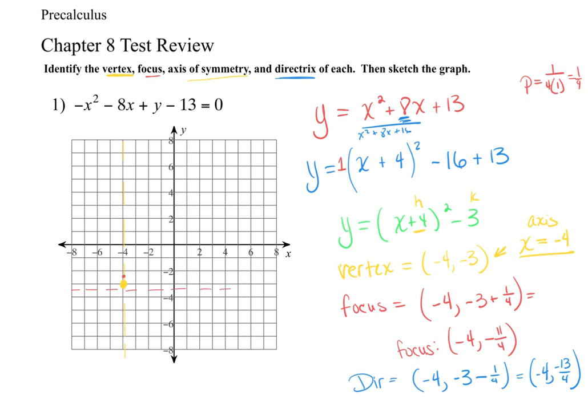If you need to know exactly where it crosses the x-axis, that's just wherever this guy equals 0. So if I set this guy equal to 0, y equals, well, we'll go and write 0 there. 0 equals x plus 4 squared minus 3. 3 equals x plus 4 squared. So we have the positive and negative square root of 3 minus 4.